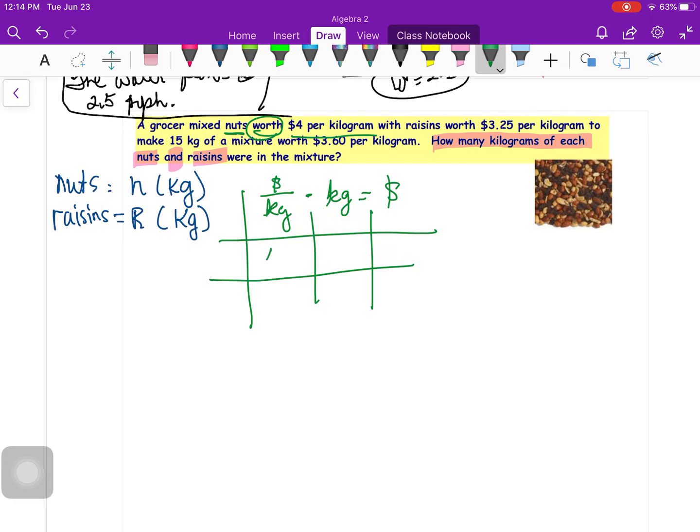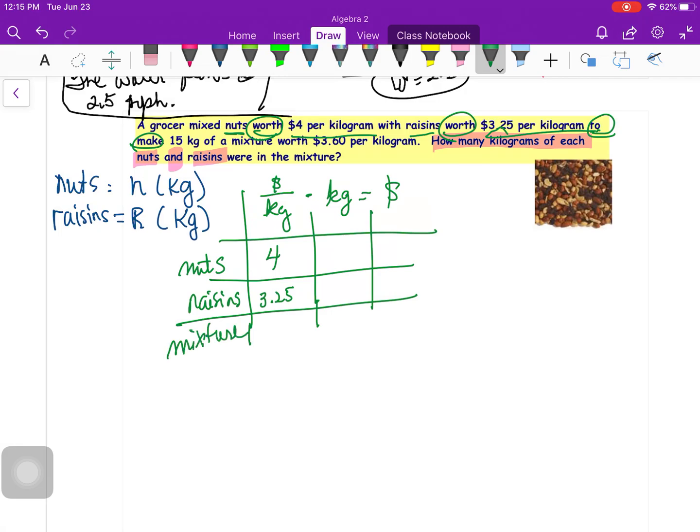So the grocer mixed nuts worth $4 per kilogram, with raisins, $3.25 per kilogram, to make a mixture.